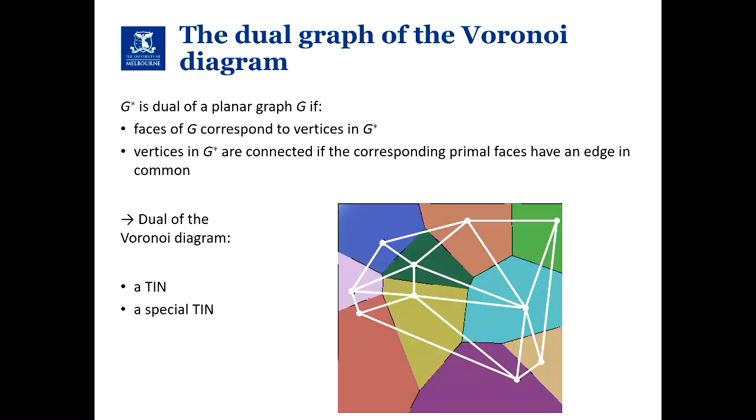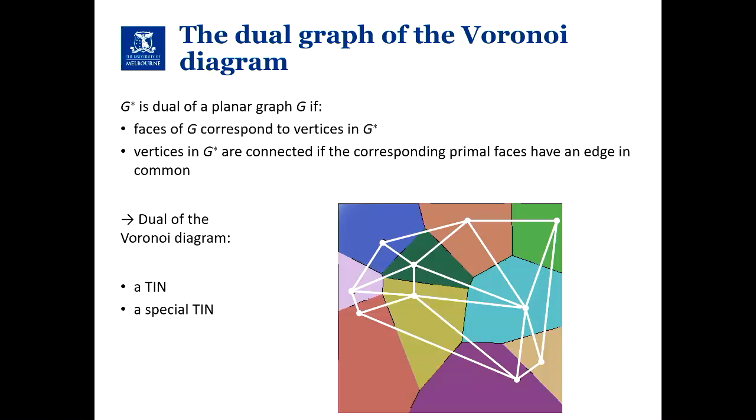And if we do it consistently, we get the triangulation graph. It's dual because you can derive the one from another. So if I have a Voronoi diagram, I can derive the dual graph from the Voronoi diagram.